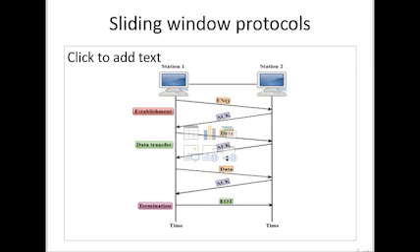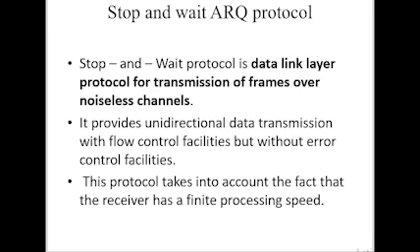So this is a simple architecture for the sliding window protocol. We have two stations. Station one transmits the data from the sender to station two. First the connection is established and then the data is sent. The acknowledgement is received after transmitting data from sender to receiver.